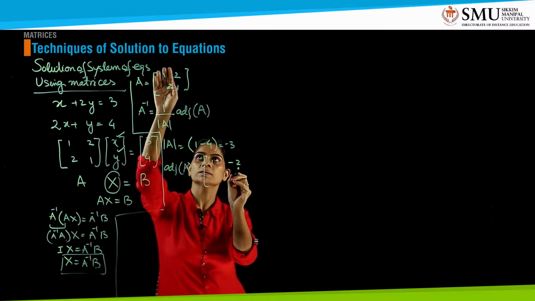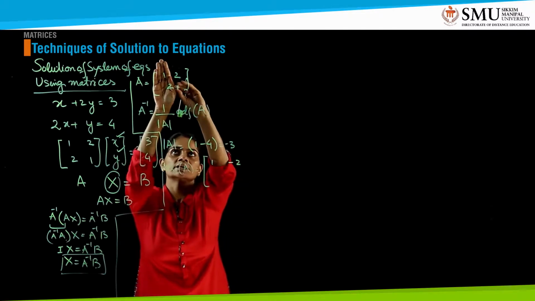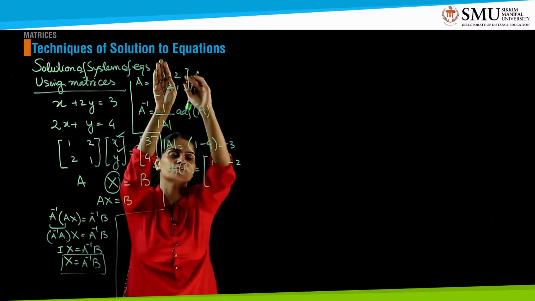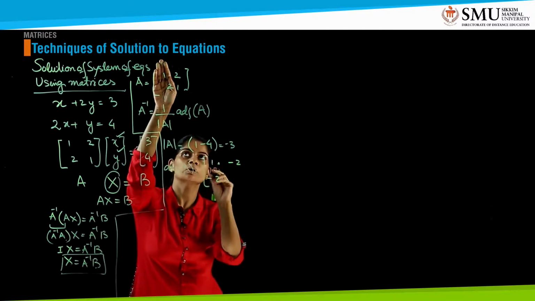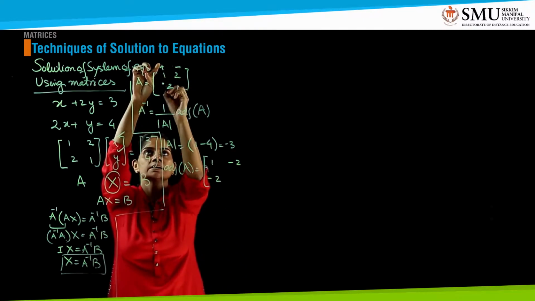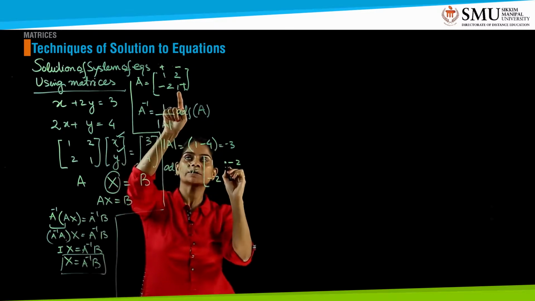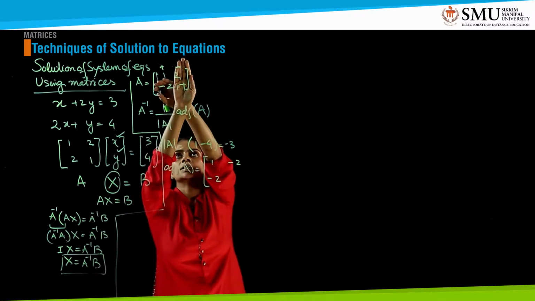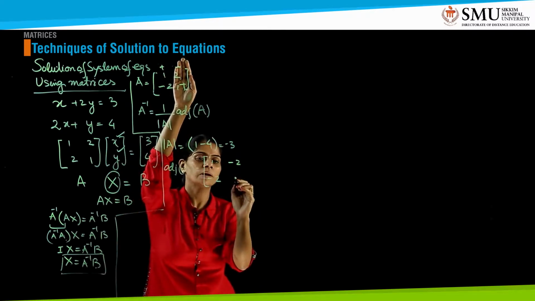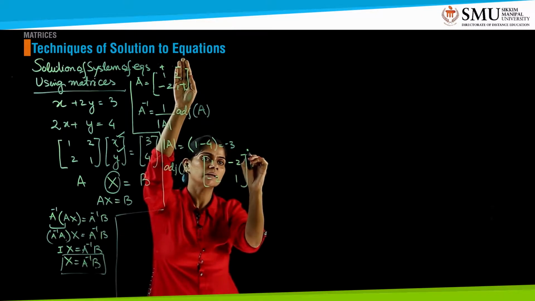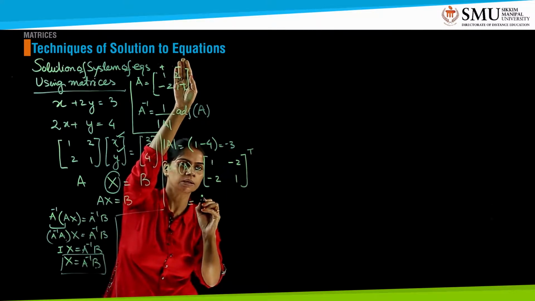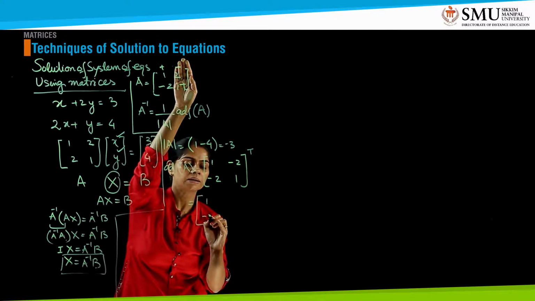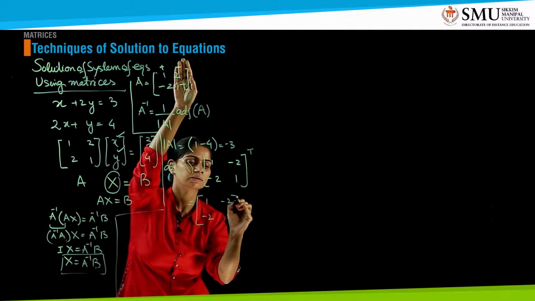For this cofactor, we are left with 2 with the negative sign, because here the signs are plus, minus, minus, plus. For this one, delete this row and column, so it is 1 with the positive sign. Now, take the transpose. By taking the transpose, this is [1, minus 2; minus 2, 1].